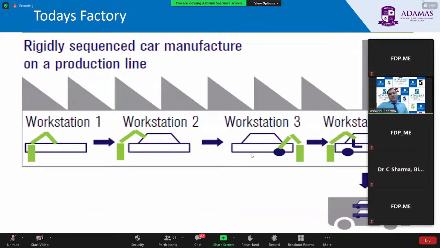So this is what you can say yesterday's or today's factories are: rigidly sequenced car manufacture on a production line. If you see that Ford model, which was maybe 100 years before, workstations are there in a line, and something is being done onto the product at different workstations, and finally the product is shipped out.